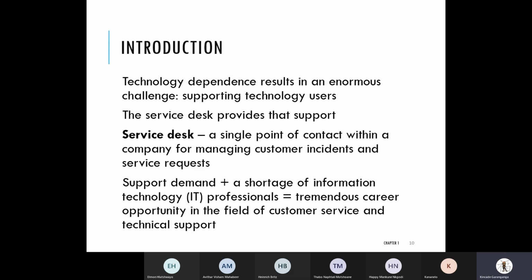Now, when you look at the concept of the service desk, ultimately you are trying to provide a basic point of contact within a specific institution or organization that manages customer incidents and service requests. Remember, an incident is a temporary issue associated with an ICT service in any given space.